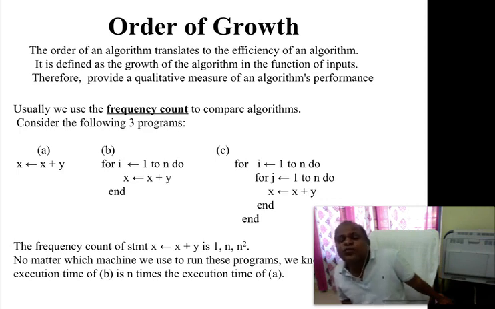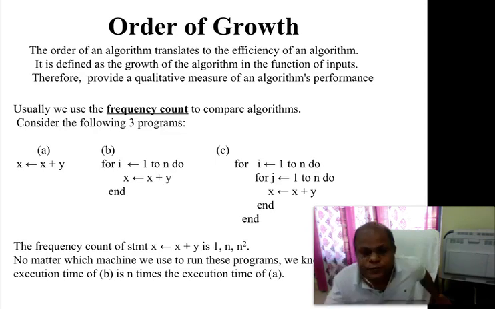The growth of the second is order of n, and the growth of the third is order of n square. Hence, from this example, we are clear that order of growth is how a function or algorithm grows as a function of input.